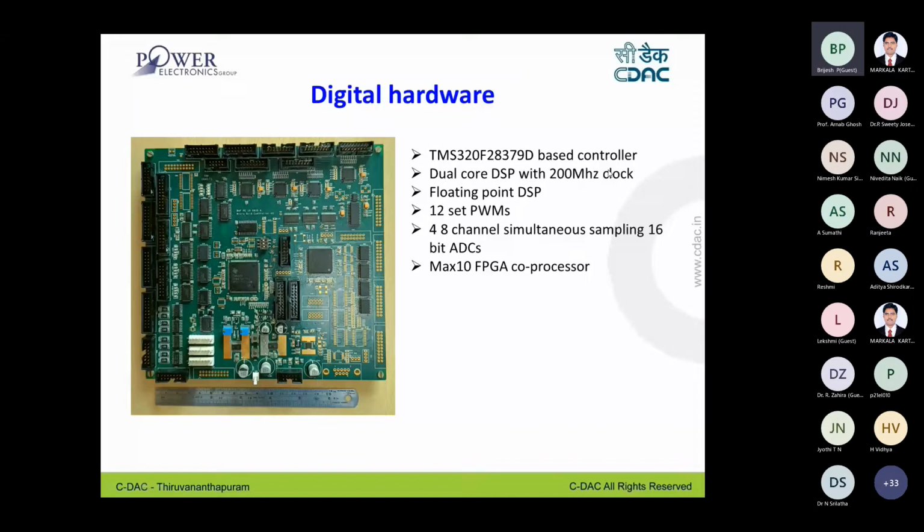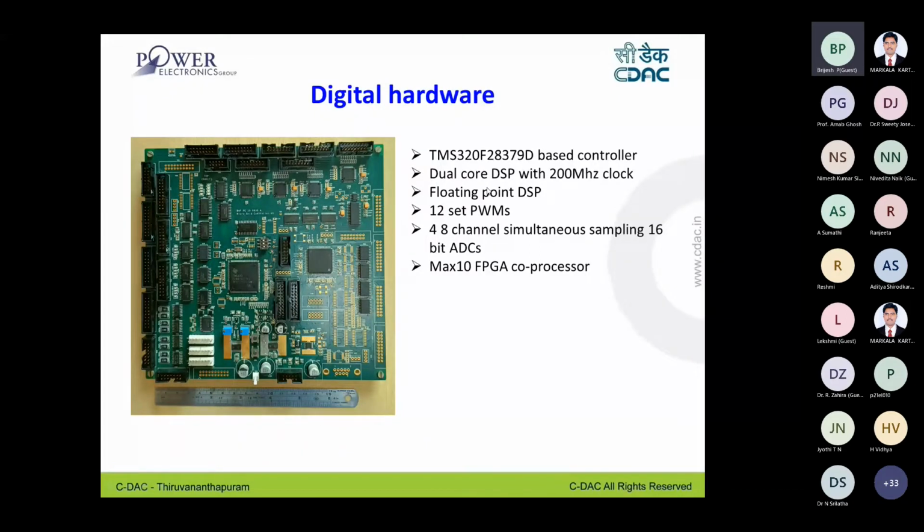This DSP has dual cores. One core you can use for communication also. In our particular case, we have an HMI, and that is communicating with the microgrid manager. So we were definitely in need of a communication interface.